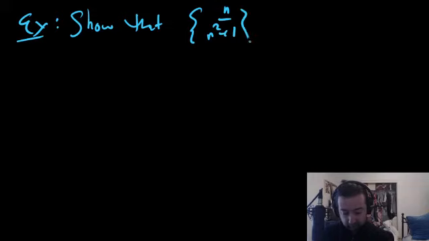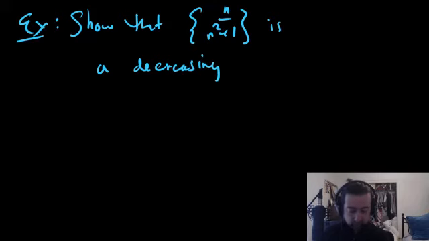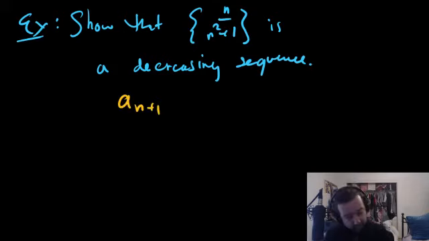You might be asked something like, show that n over n squared plus 1 is a decreasing sequence. And the way that you do that is you just work with the inequality. It's going to be decreasing if and only if a_(n+1) is less than or equal to a_n for all n.